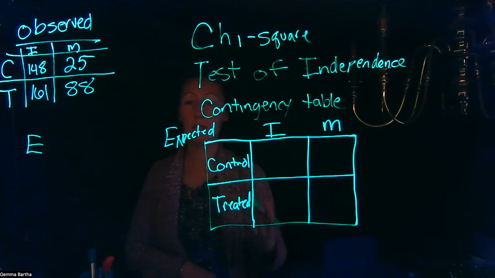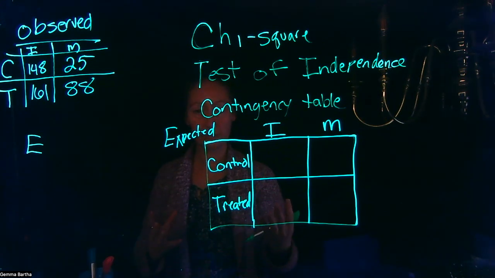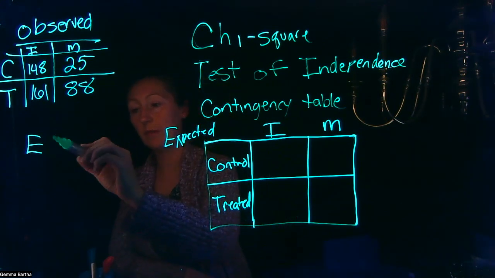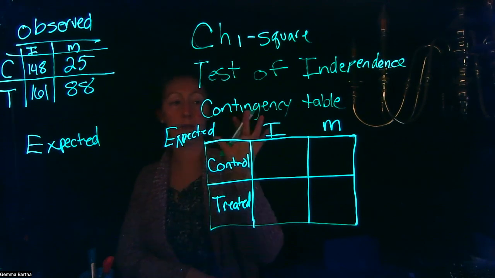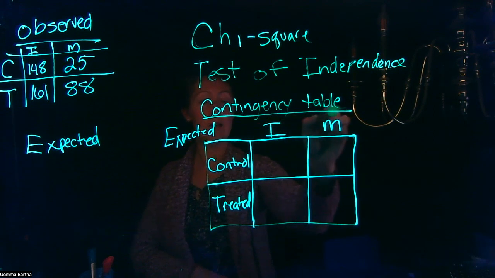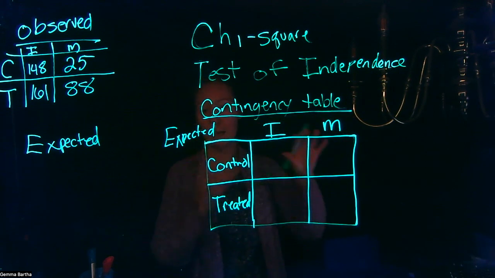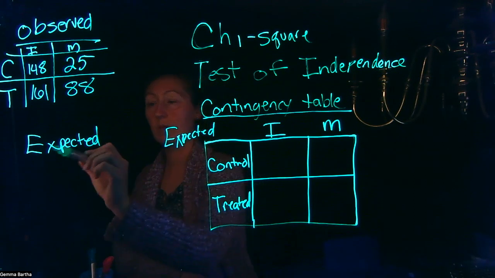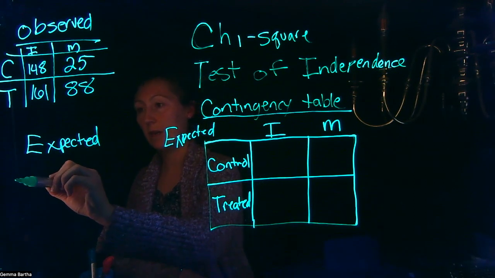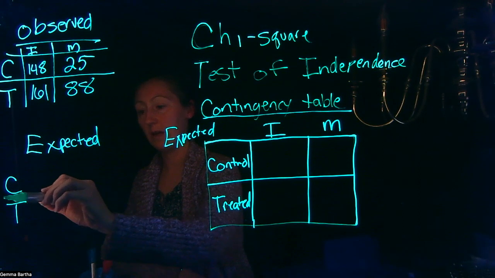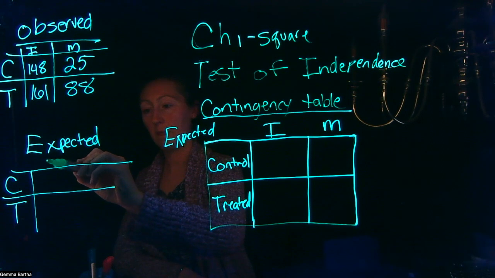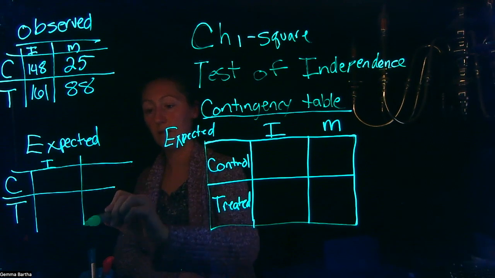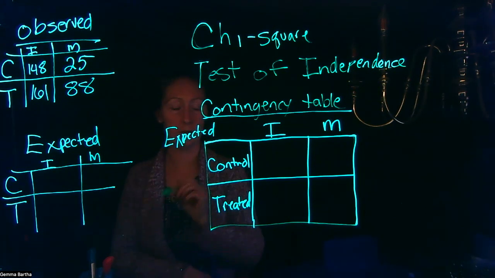Now, for a chi-square test, you do need expected results in order to figure out your chi-square number. So for expected, again, you're using a contingency table instead of ratios, which would be in a goodness of fit test. So with your expected, again, we have our control, and this is going to be interphase, and this is going to be mitosis.